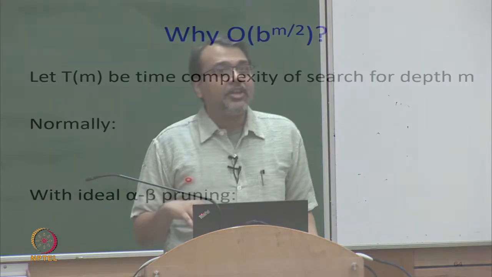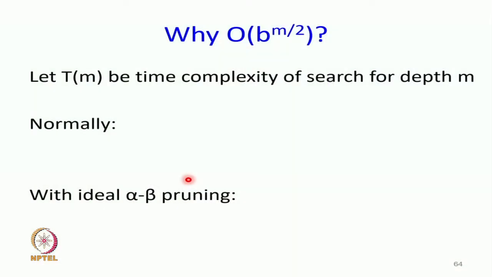Now, to answer that question, let us first write a recurrence relation for just simple minimax search or depth first search. I have a branching factor b, let us say I have a root node at depth m. Let us say I define T of m be the time complexity of search for height m root node. So, it is a root node under which I have a tree of depth m.